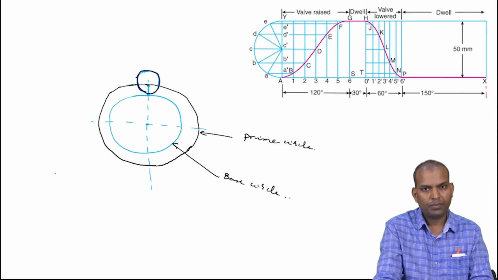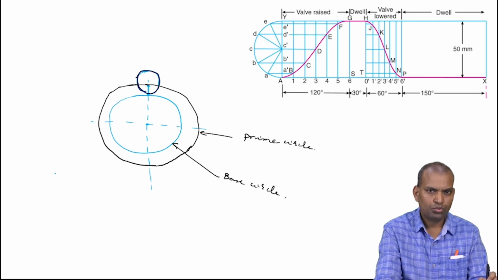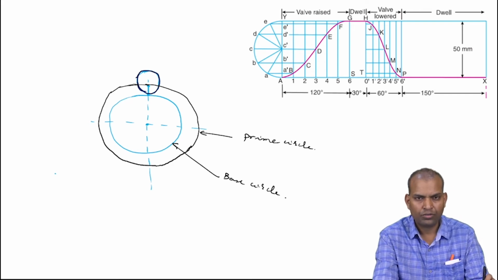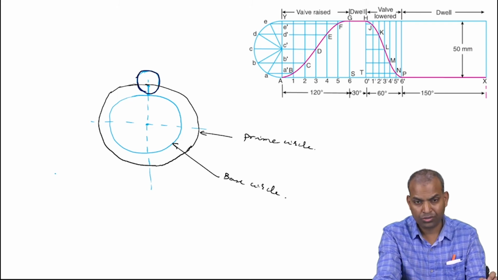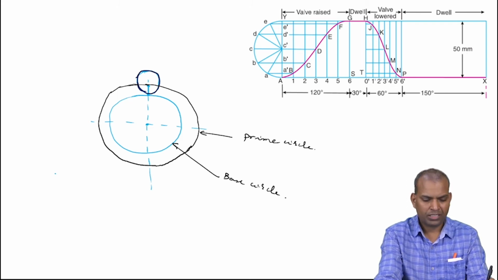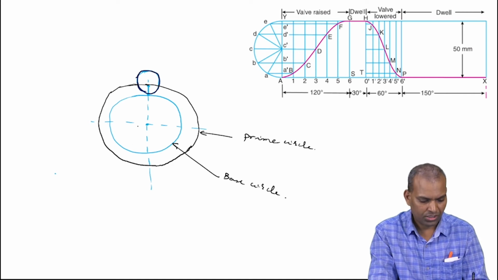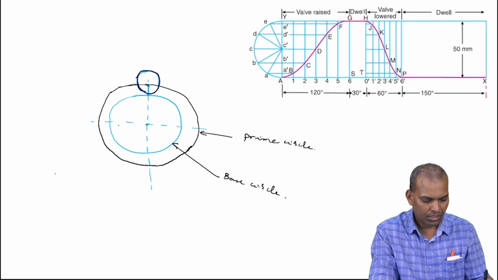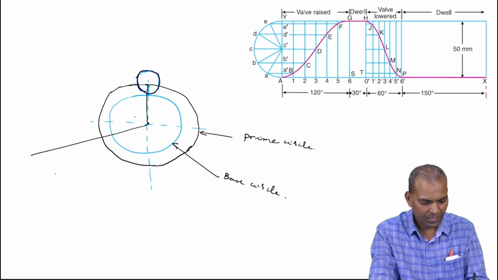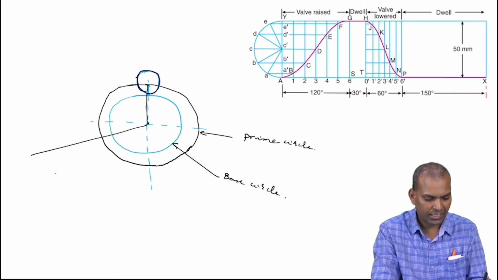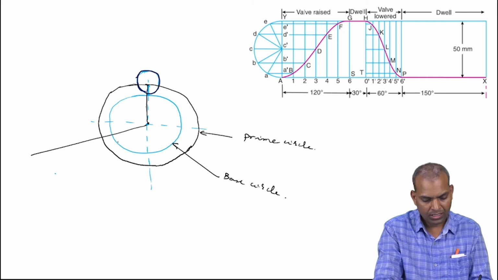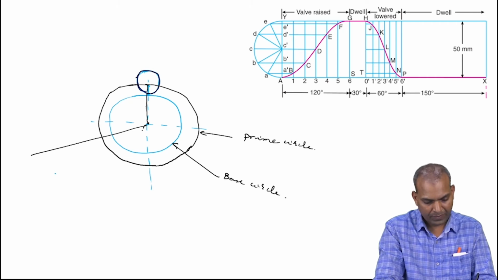Now divide the prime circle into outstroke angle, dwell during outstroke, return stroke, and dwell during return stroke. Now what is the outstroke? That is 120 degrees. Draw radial lines, approximately 120 degrees. This is the reference axis, 120 degrees. 120 plus 30, 150.